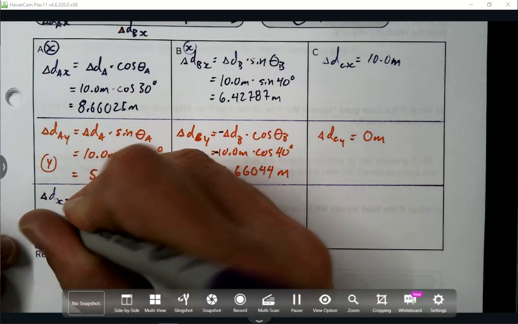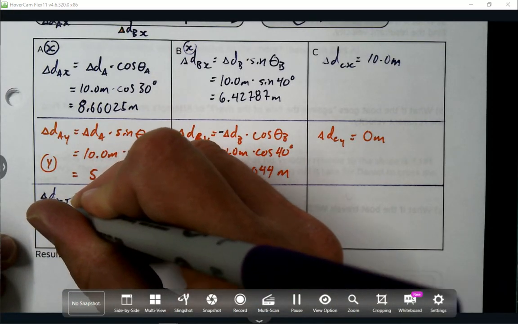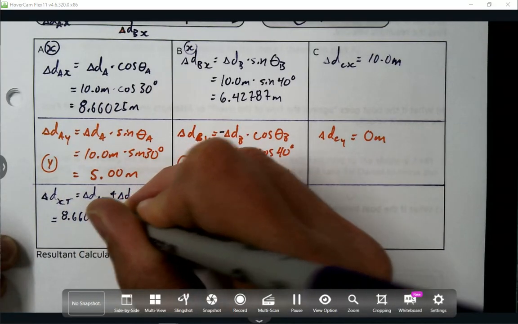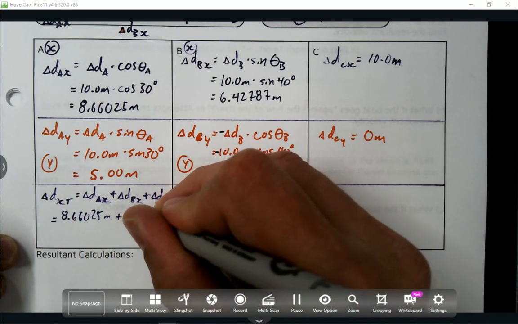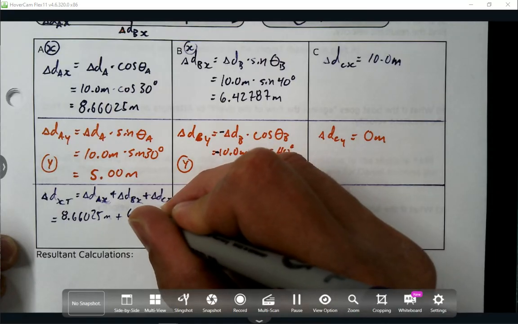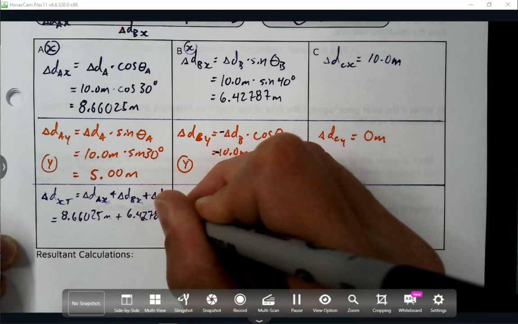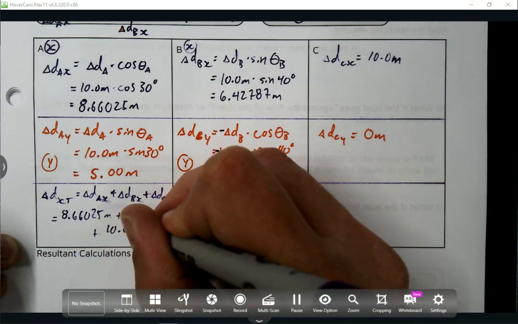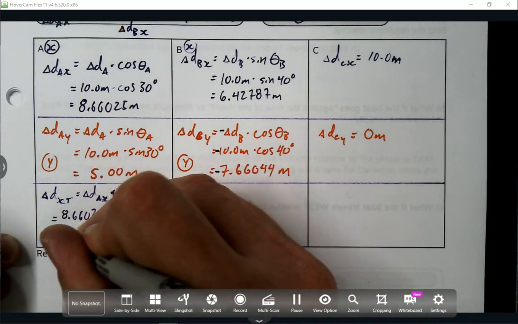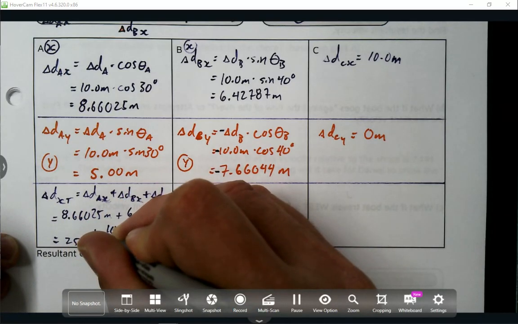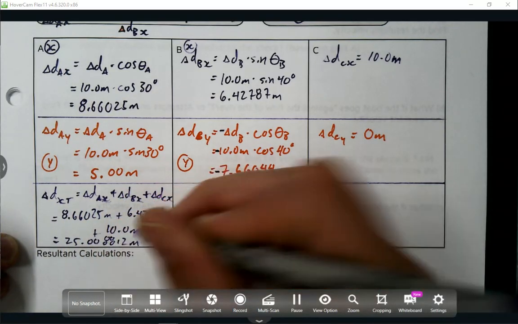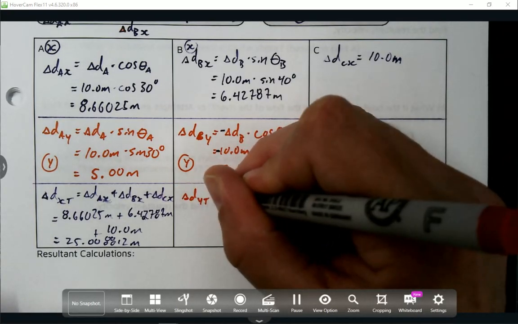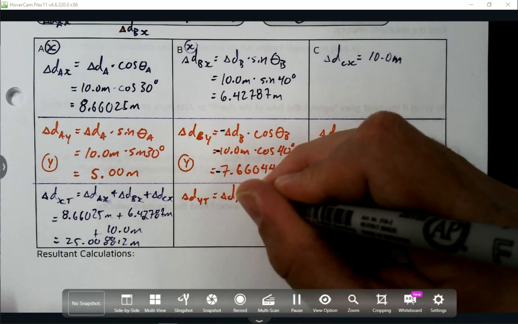I could add this up. And again, for lack of space, 8.66025 meters plus 6.42787 meters plus, looks like 10.0 meters, and I end up getting 25.08812 meters. Beauty.